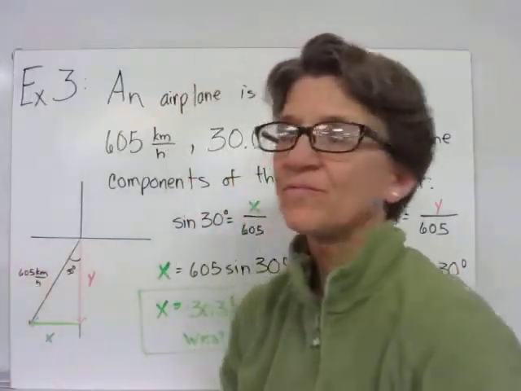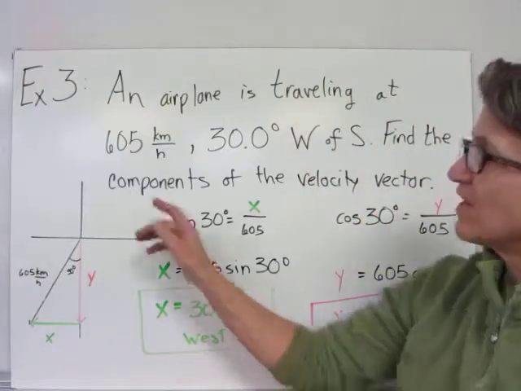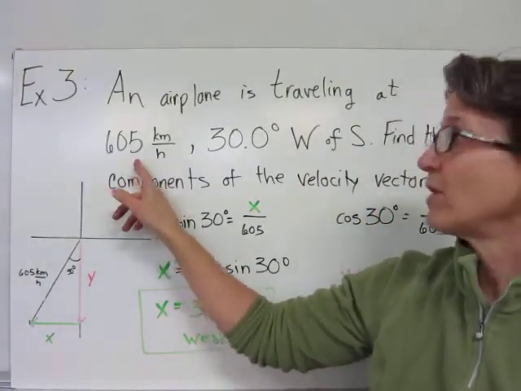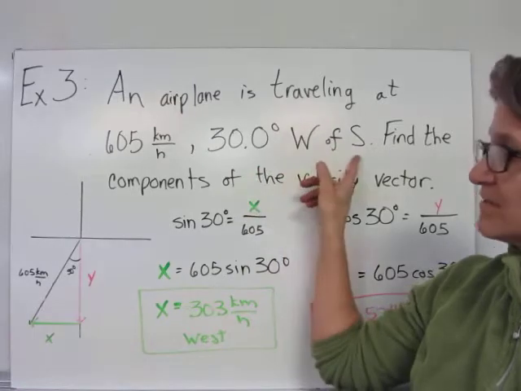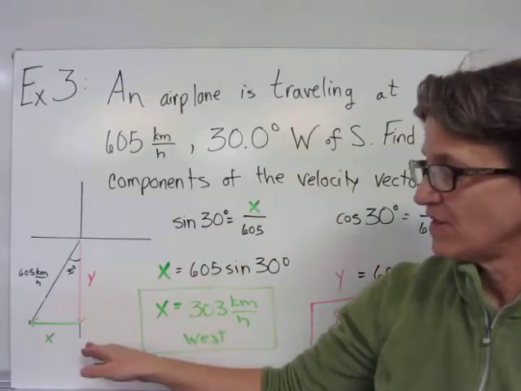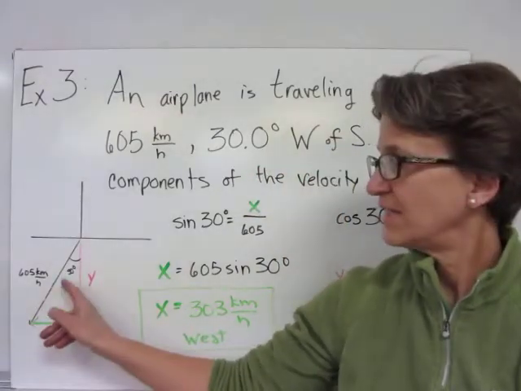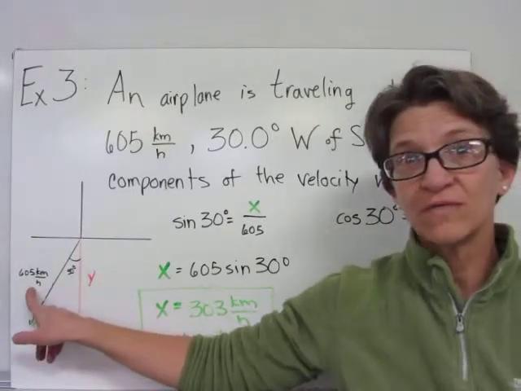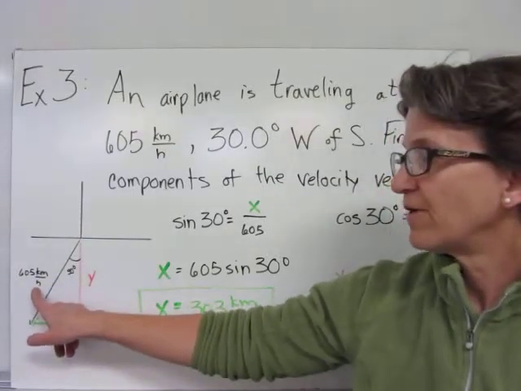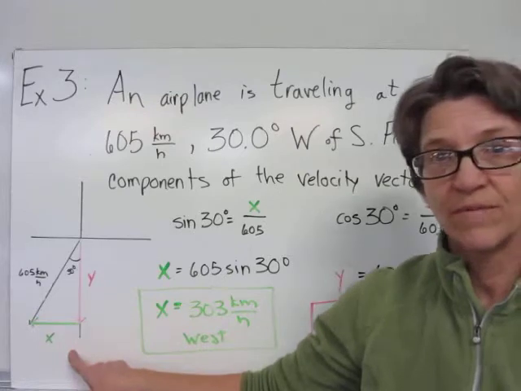Our third example, we have an airplane, and it's traveling at 605 kilometers per hour, 30 degrees west of south. So south, and then 30 degrees west, and my resultant represents 605 kilometers per hour. We're finding the x and y components.